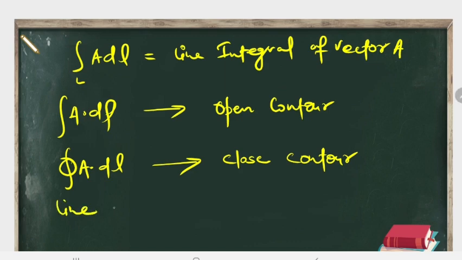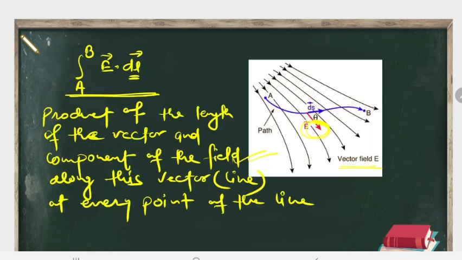So the line integral of a vector field E, if you consider this figure, is equal to the integral of E dot dl, and this is equal to the integral of E cos theta dl from A to B. Here the path is not closed, so we can say that this is a line integral in open contour.